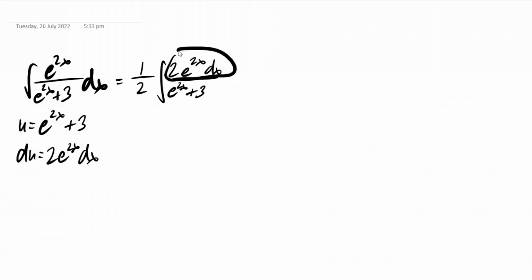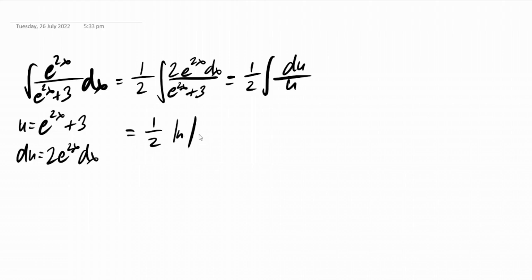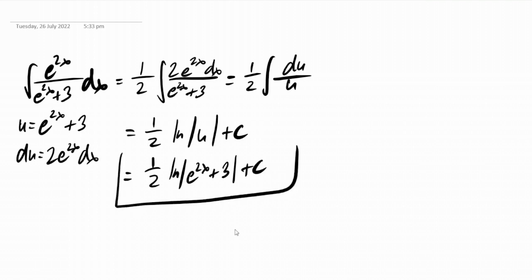Now this is already identical to du, so substitute 1/2 integral of du over u. It is the same formula from the previous example, so it is ln of absolute value of u plus c. Lastly, we revert u back to its original: ln of e raised to 2x plus 3 plus c, and that is our final answer.